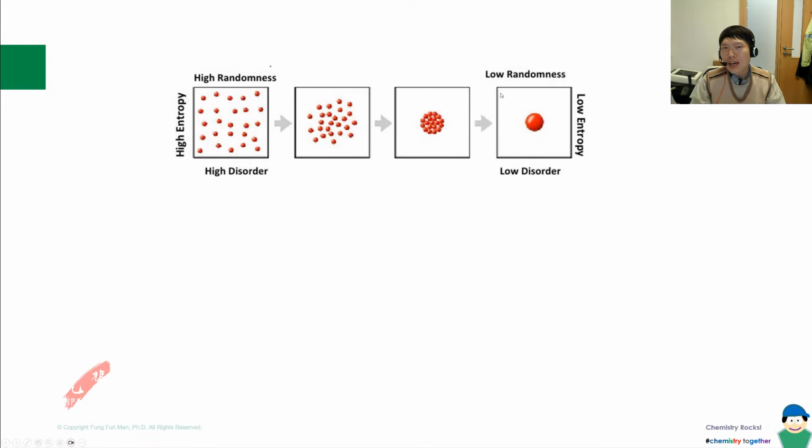So this topic is really about looking at things from highly random to very low randomness. Randomness and disorder can be used interchangeably in this topic. You can tell at one look, scanning from left to right: the left side is random because things are scattered, and the right side is all clustered.